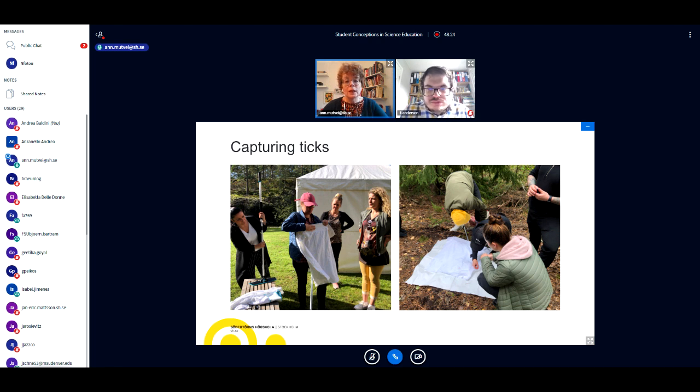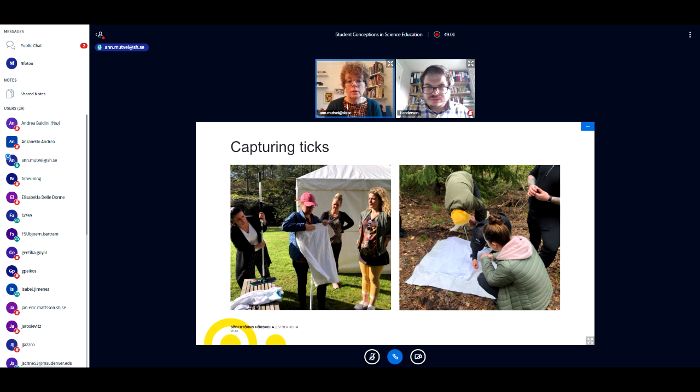So I had help from a PhD student in this kind of research, and she was going out with the students, and we were capturing ticks, connecting the earlier biology studies with ecological processes and organisms. We were sweeping a white cloth with a mop on the grass, and then you would see a lot of ticks, and you can pick them and take them to the lab.